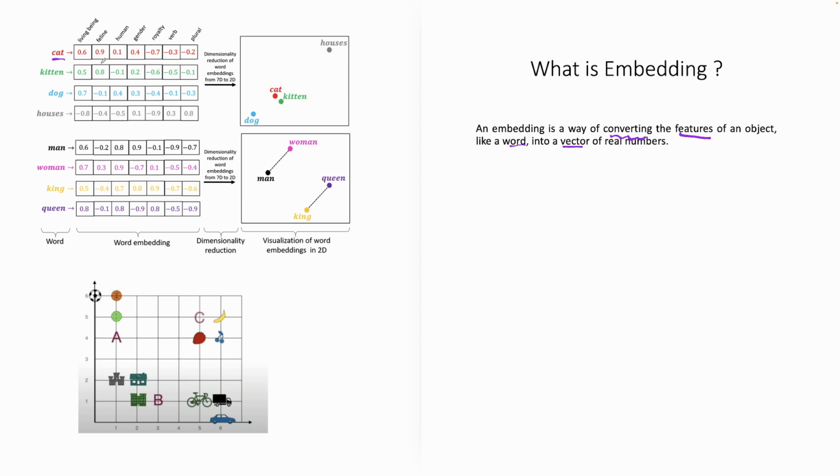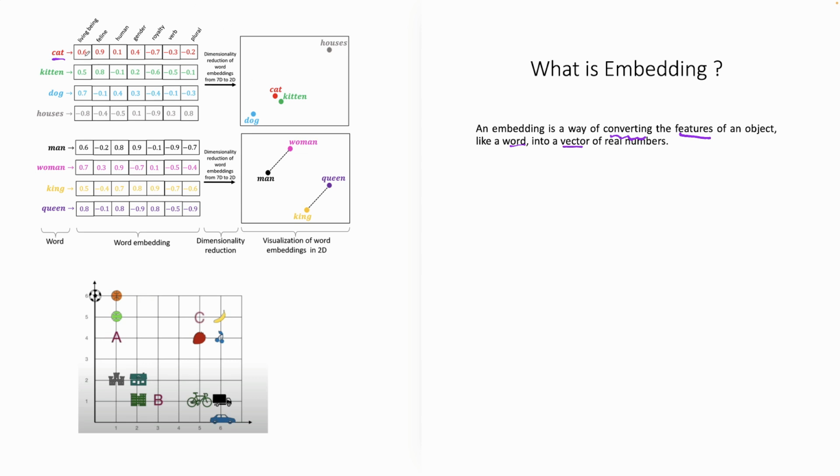Feline means whether it belongs to a particular family, like tigers, cats, or lions, which belong to the same family of animals. Then human is another feature. Gender is another feature. Royalty, verb, or plural. So for one word, it could be put into different categories or different features, and based on that, it's giving some numbers.